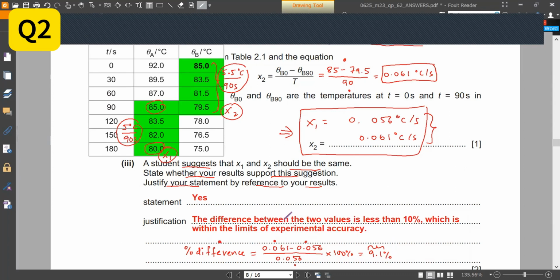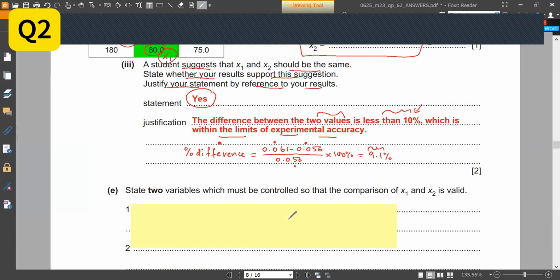The difference between the two values is less than 10%, which is within the limits of experimental accuracy. So we can say that they are the same within the limits of experimental accuracy.